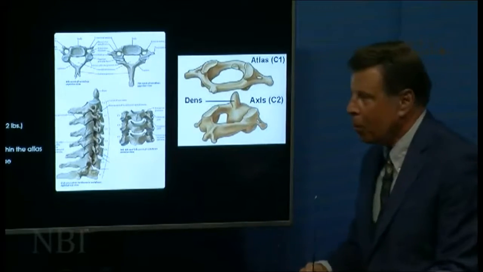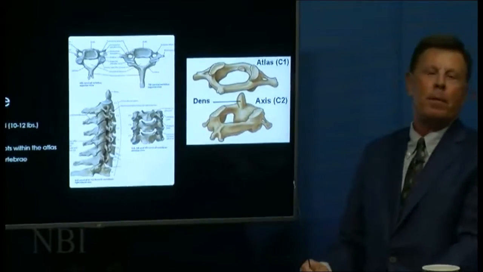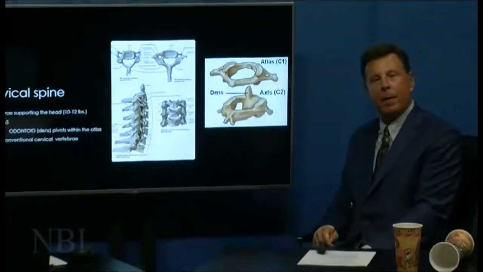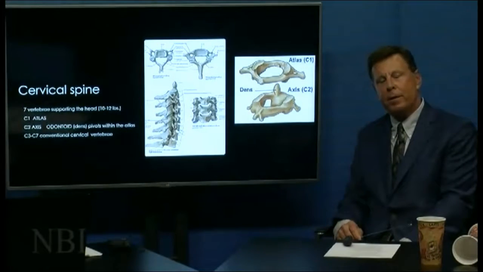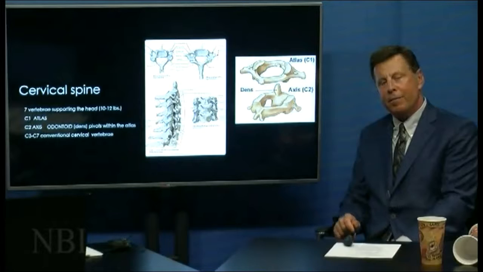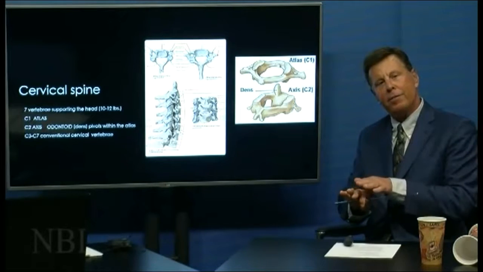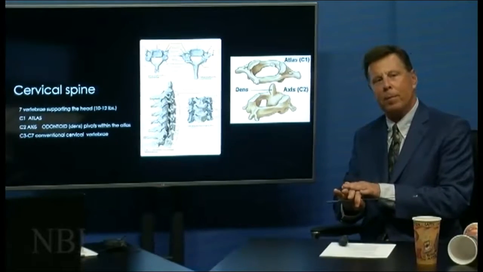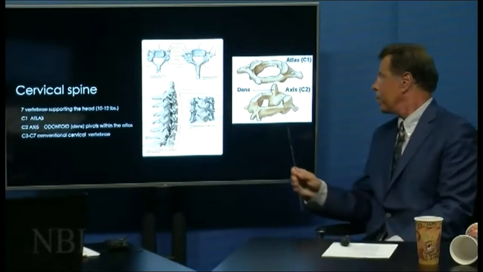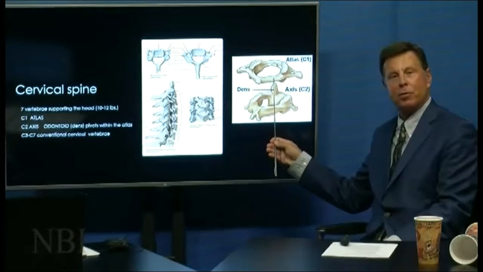And the reason that's important in trauma is that there are many conditions where you have ligament laxity or ligament damage. One of them would be rheumatoid arthritis. If you ever see people with rheumatoid arthritis, they have disfigured fingers because of the imbalances and ligament problems. And many people with rheumatoid arthritis will actually have an incompetent transverse ligament.